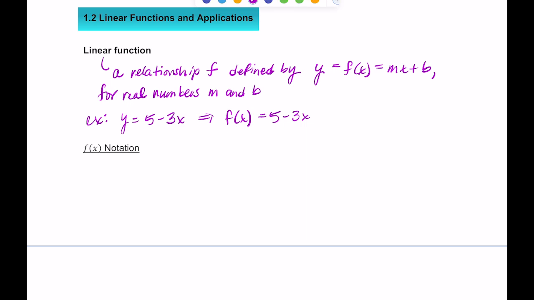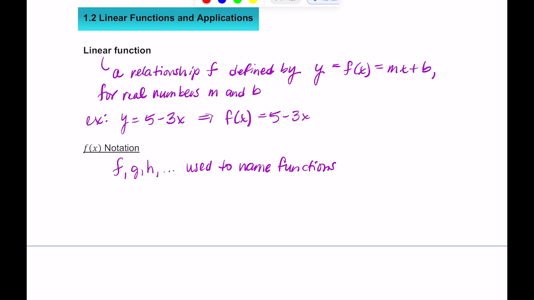We have specific notation we use for functions. Generally, we use the letters f, g, h. Really, you could use any letter you want, and they are used to name functions. So in the last linear function I wrote, the name of the function would be f, because it's f of x equals 5 minus 3x.